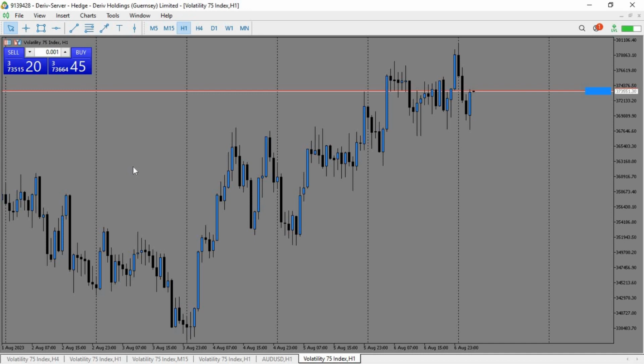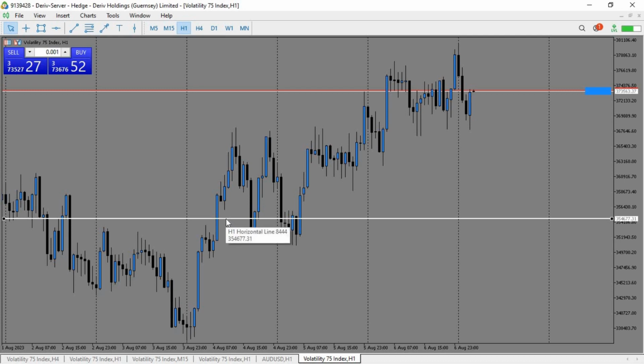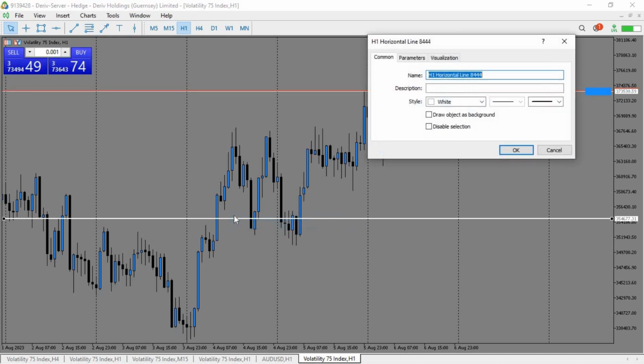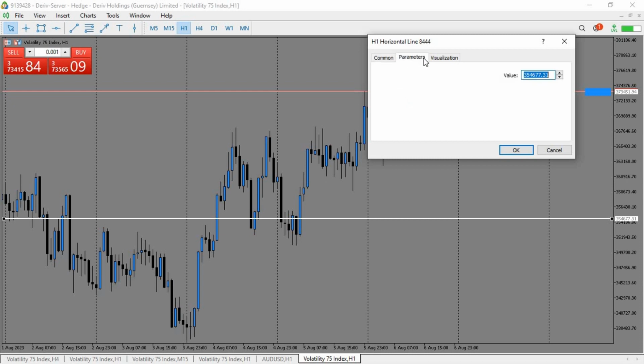So basically now, this is how you want to set your psychological levels on VIX 75. You draw your horizontal lines like this, and then you go to the properties. In properties, you look for the values. On your values now, what we want to erase is the last 4 digits before the point.